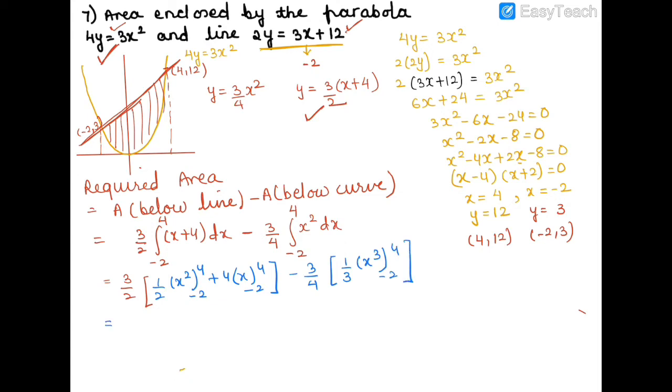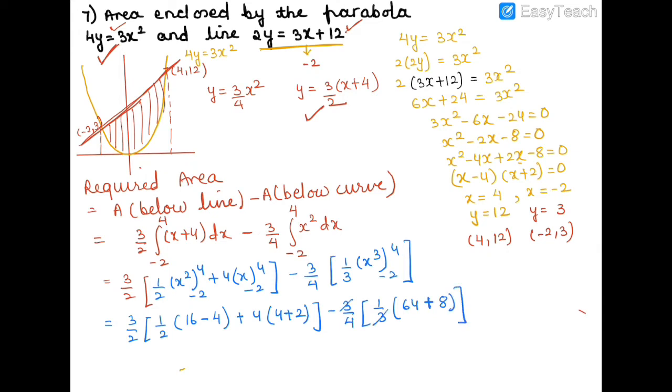So we will get a 3 by 2 and half, and this part is 4 4s are 16, minus minus 2 square is 4 plus 4 and 4 minus and minus plus 2. If I wished I could have cancelled it, but let me do it in the next step, 1 by 3, and I get 4 cube, 4 4s are 16, 16 4s are 64, minus minus 2 cube is minus 8, so this will become plus 8.